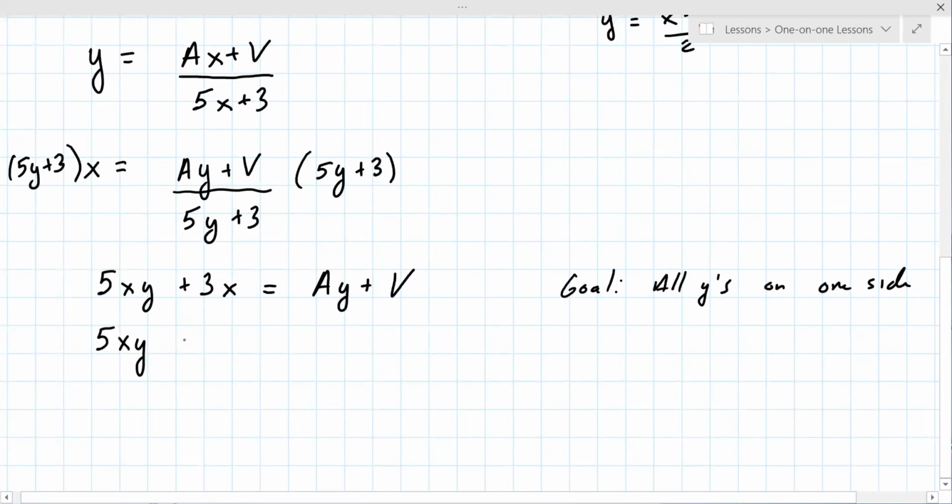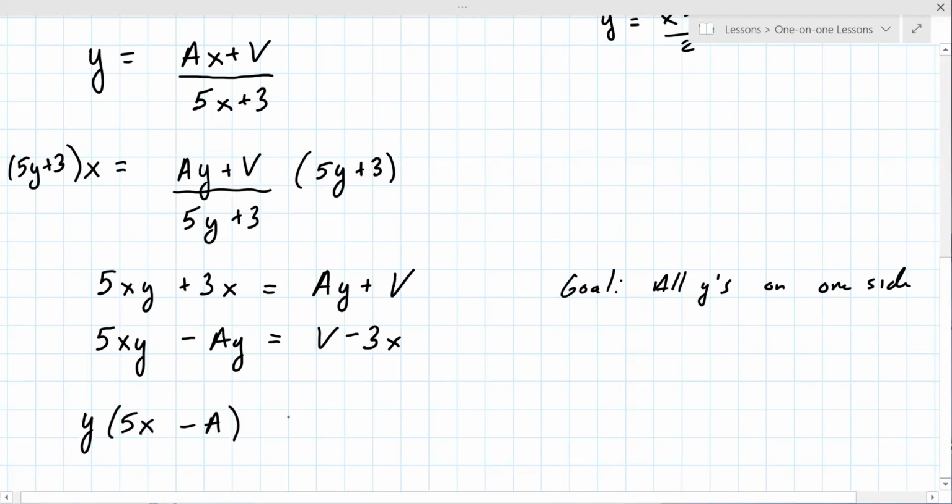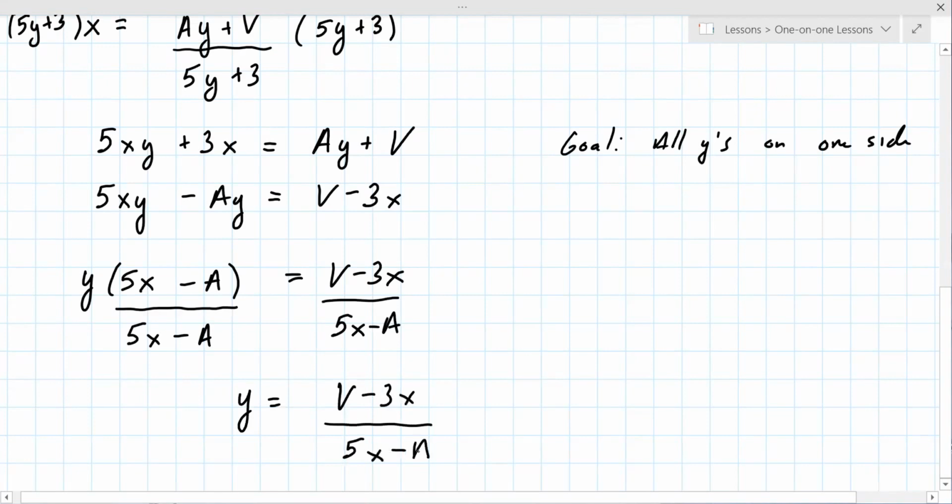You get 5xy minus ay equals v minus 3x. Factor out a y: y times (5x minus a). Then divide both sides by 5x minus a, so y equals (v minus 3x) over (5x minus a). This right here is your inverse.